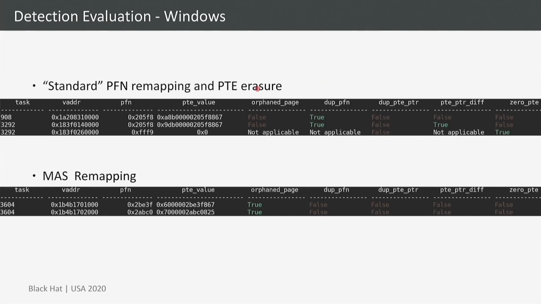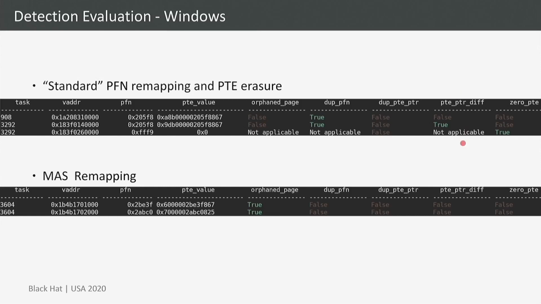We can also see in the PFN column that there's in fact the same PFN value for those 2 entries. And we also can see a true value for the PTE pointer diff, which means that the PTE with its PFN points to a certain MMPFN struct, but the MMPFN struct does not point back. So we have a diff over here, and this also means that the second entry is the malicious one, or most probably the malicious one, because it has the value true in this case.